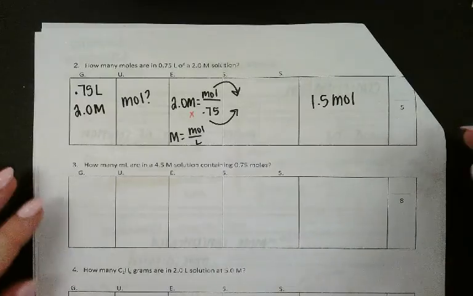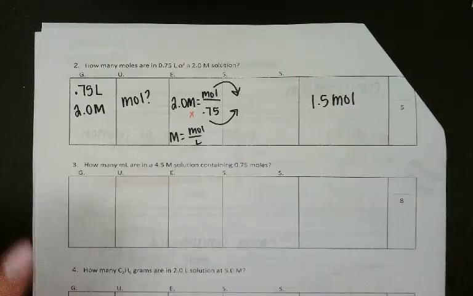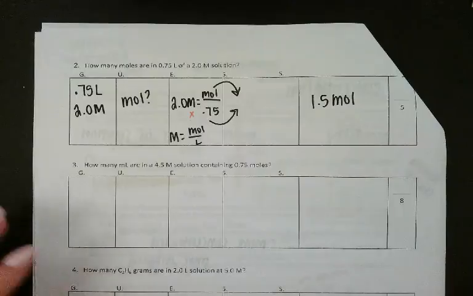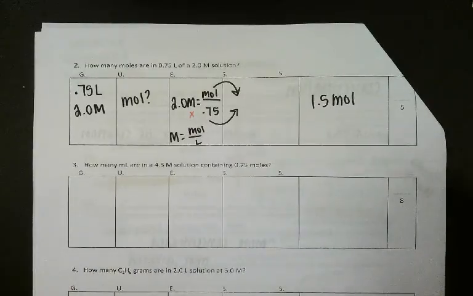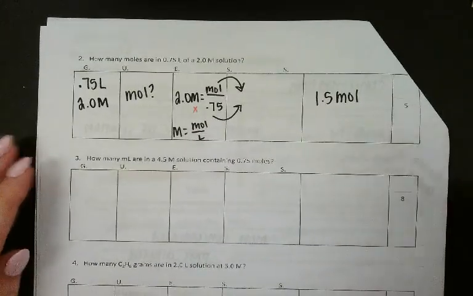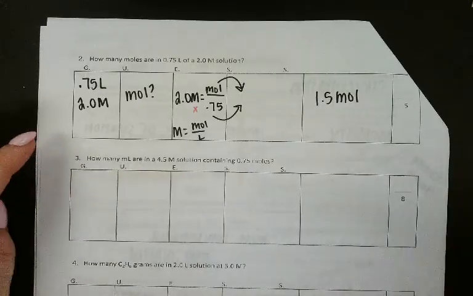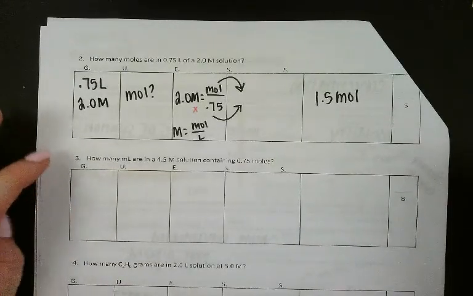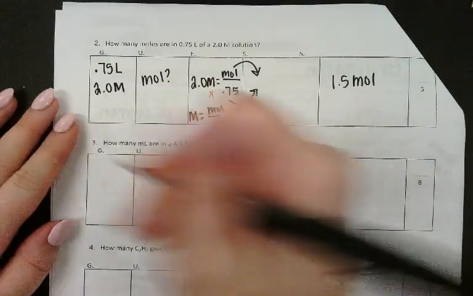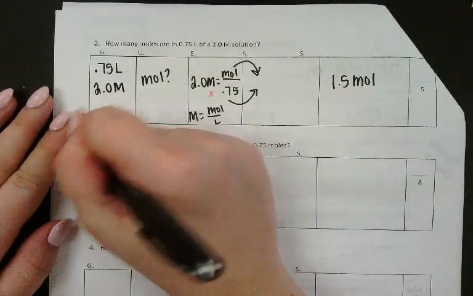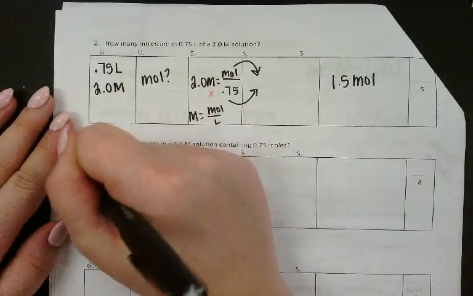All right. Do one more. Or actually, I can do maybe a couple more. How many milliliters are in a 0.45 molar solution containing 0.75 moles? So I have 4.5 molar, 0.75 mole.